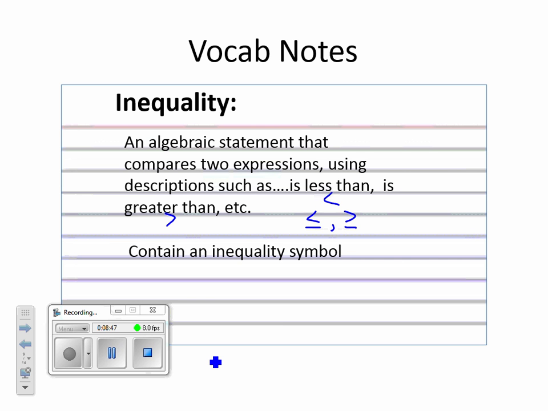And these are the inequality symbols that we would use. Okay, so I could say 3x minus 7 is less than or equal to 20. That would be called an inequality.